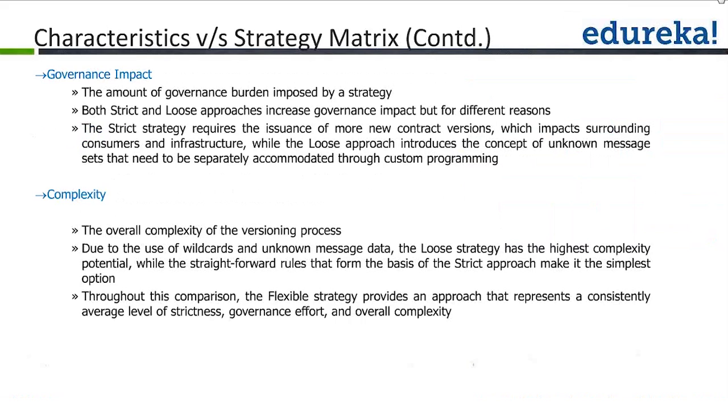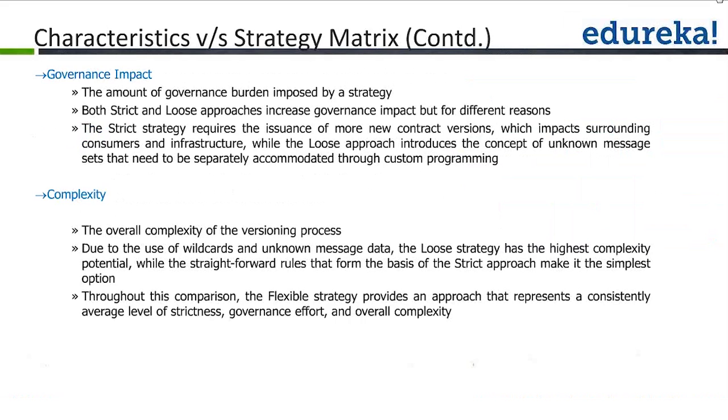Because they take decisions based on certain guidelines, experience, and characteristics. There are more than 10 characteristics, but all of them are grouped under three principal characteristics, which are strictness, governance impact, and complexity.